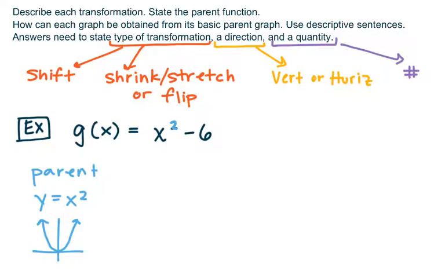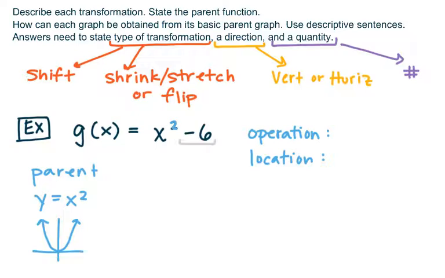So we know the shape is this U-shaped graph. Then we look at the added value. So the difference between the given function g of x and the parent is the fact that we have this minus 6. So again, we think about our operation and our location.